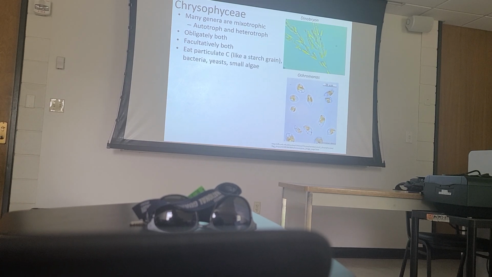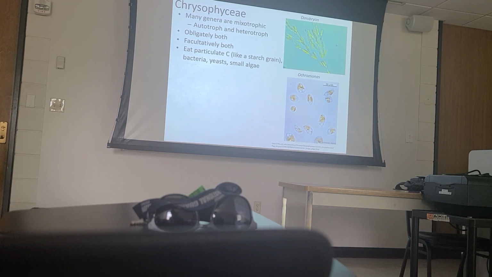So I kept saying eat bacteria, but other things they might consume in their heterotrophic form could be just particulate carbon, like a starch grain as an example. So not a whole organism, but some kind of waste or just a piece of an organism that got released into the water. But they could also eat small cells like bacteria or yeast cells or small algae.